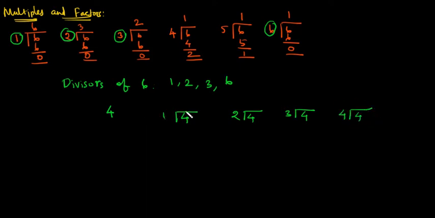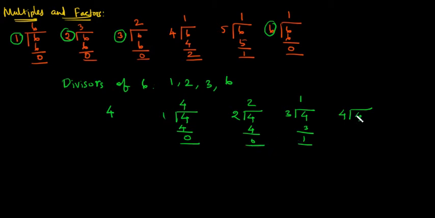How many 1s are there in 4? 4 1s are there in 4, so remainder 0. 2 2s are there in 4, so remainder 0. 1 3 is there in 4, so remainder 1 here.